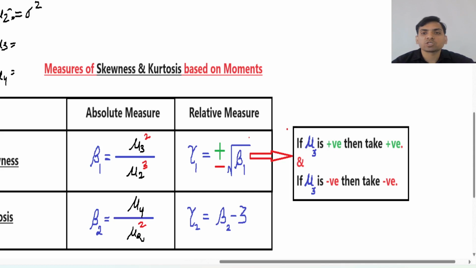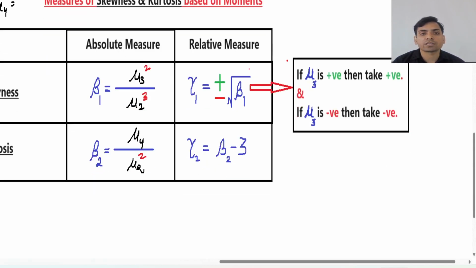If mu3 is positive, then you will put a positive symbol. If mu3 is negative, then you will put a negative symbol. These symbols refer to positive or negative skewness. So you can directly identify by seeing mu3: if positive, then positive skewness; if negative, then negative skewness.